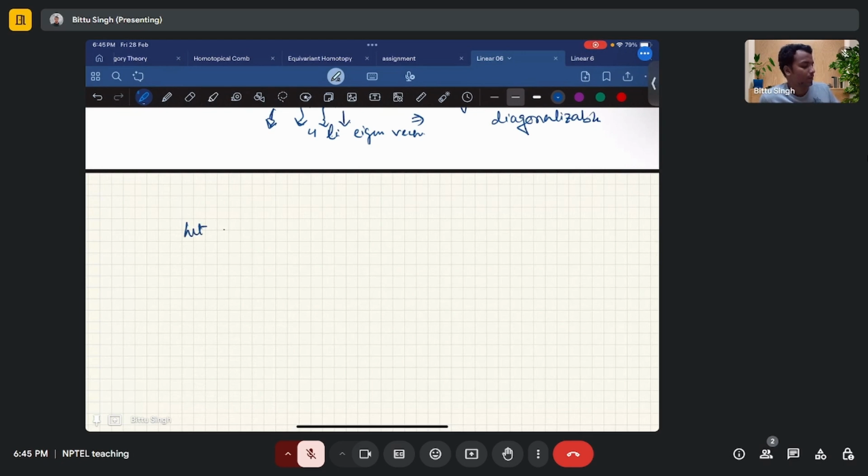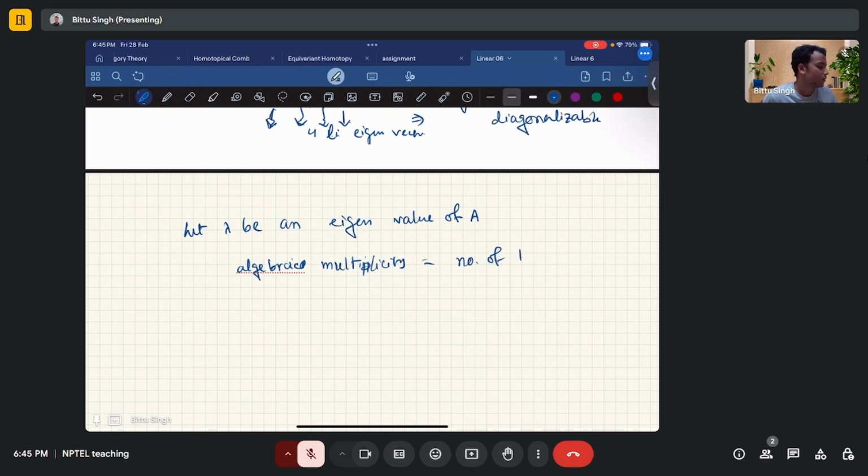Let lambda be an eigenvalue of A. Then we know that the algebraic multiplicity is the number of times an eigenvalue occurs by solving the characteristic equation.